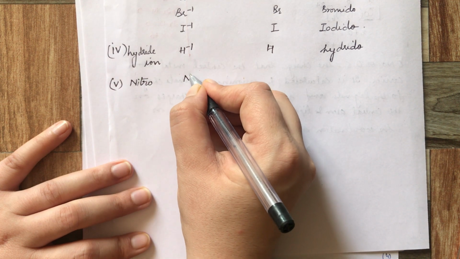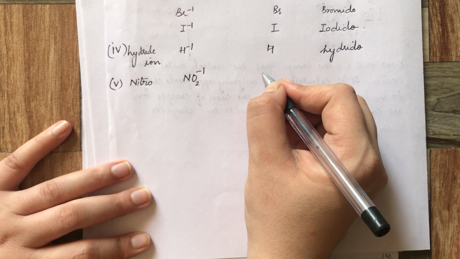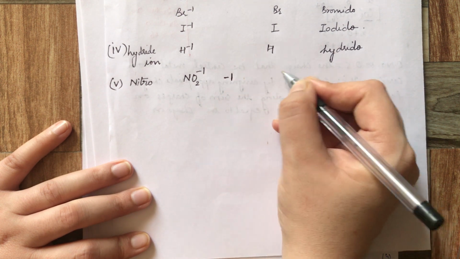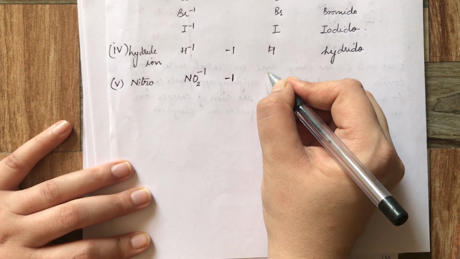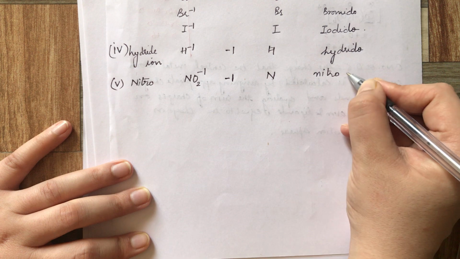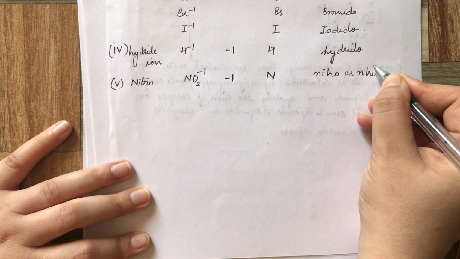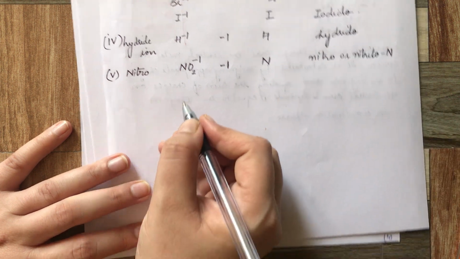Nitro, it is NO2 negative, so the oxidation state is -1. The nitrogen here acts as the donor atom, and it is called nitro or nitrito-N, right?